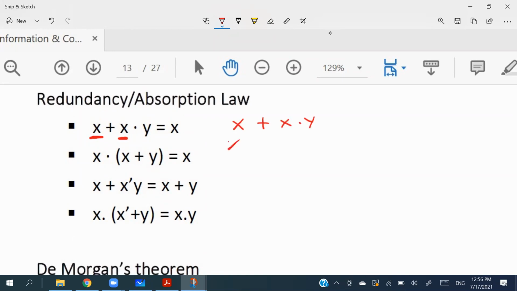We can take the x out, so it gives me brackets. 1 is remaining because only the x is taken out, plus y is remaining. And we know what the value of 1 plus y is, right? In identity laws, it says what? 1 plus y equals 1.